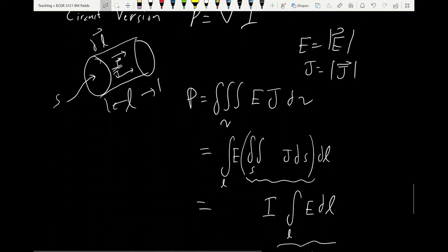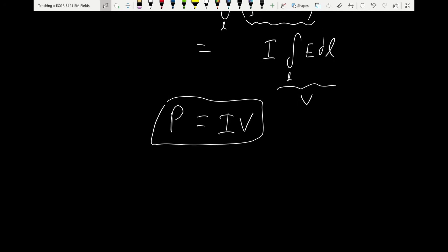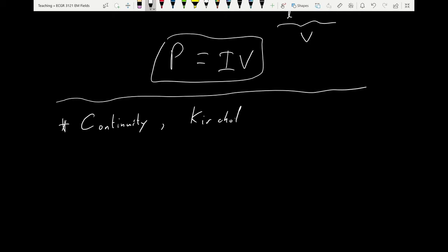What are the other big theorems from circuit theory that we can relate also to the field formalism of the steady state current? Well, two things. We can talk about continuity, and then we can talk about Kirchhoff's current law.